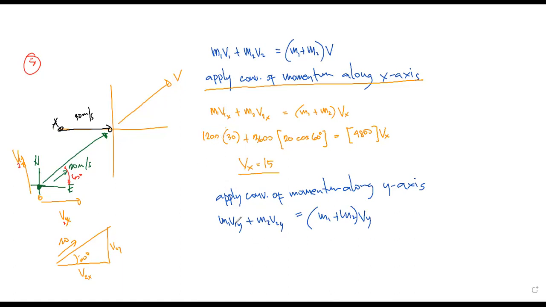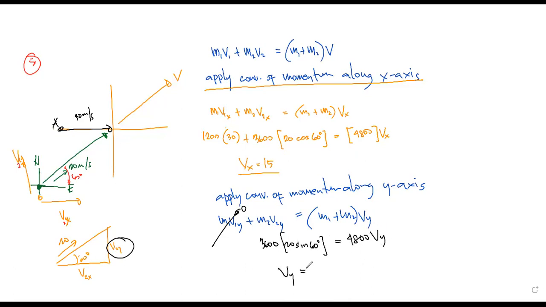The y component of m1 is 0 because it is traveling along the x-axis, so we can cancel this one out. Then you have m2, that's 3,600, and v2y here, that's 20 sine of 60. So that's equivalent to 4,800 Vy.